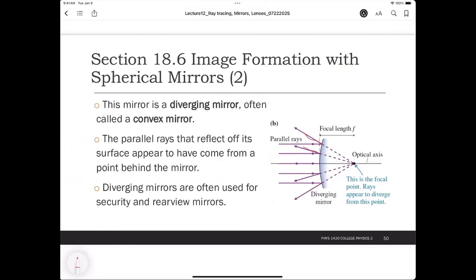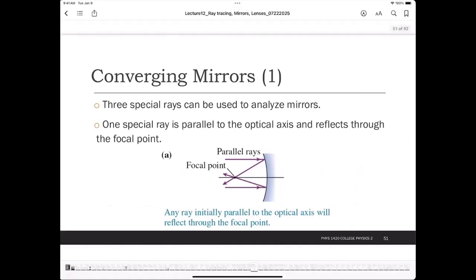If you see these rays, they appear to have come from this point behind the mirror, but they did not. Divergent mirrors are often used for security and rear view mirrors. You can see more things using a divergent mirror.